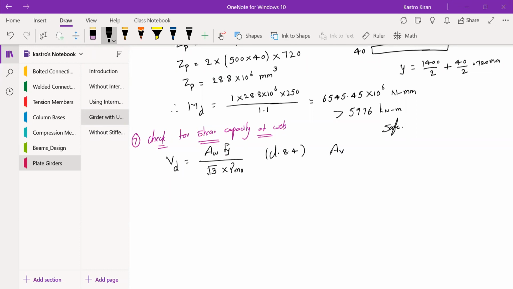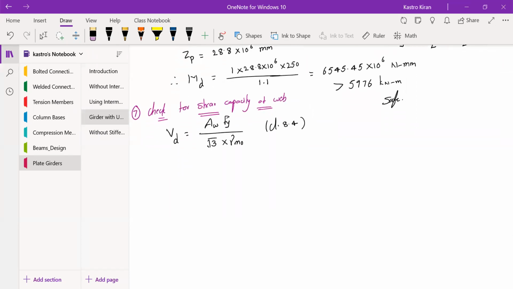They are both the same, the area of web. For your convenience, I am writing it as AW. Therefore, VD equals area of the web, which is depth of the web into thickness of the web, which is 12, into Fy value 250 upon √3 into gamma M0, which is 1.1.